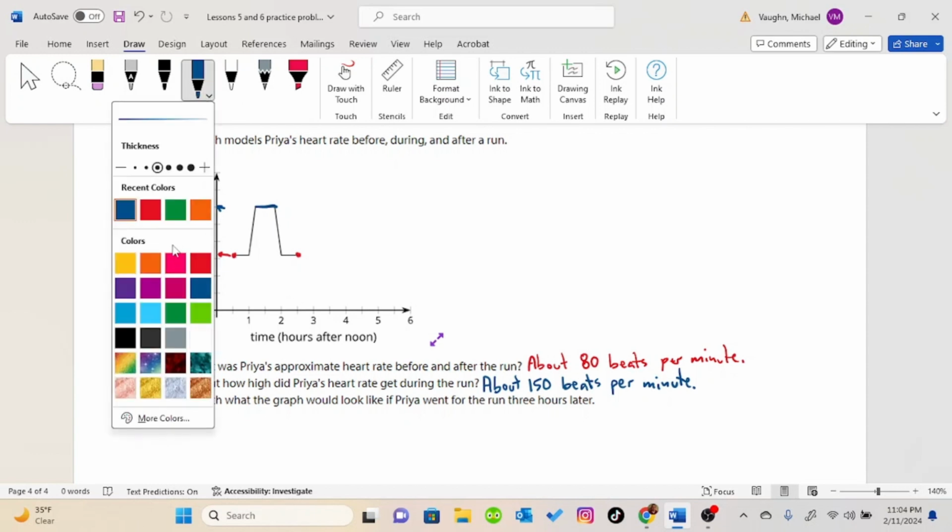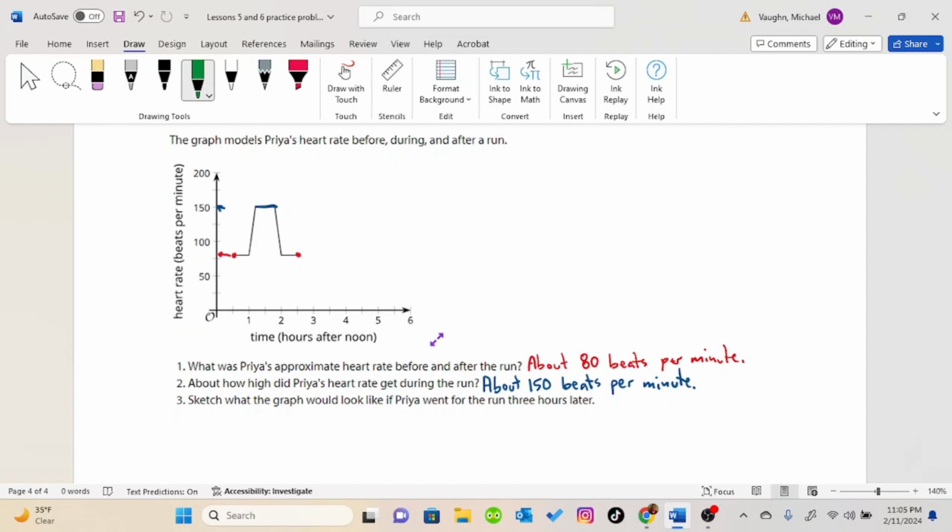And number 3, sketch what the graph would look like if Priya went for the run 3 hours later. We simply take each point and we move it 3 hours later. So a beginning point here, then here, then we go up to 150.